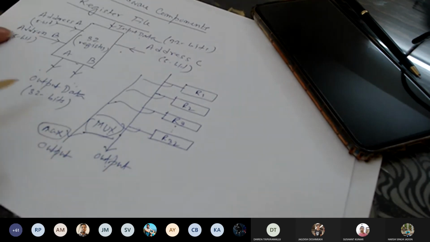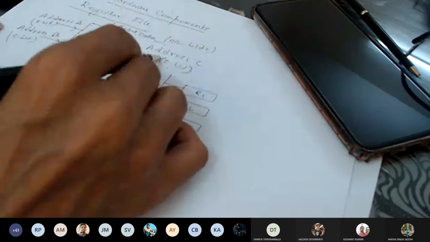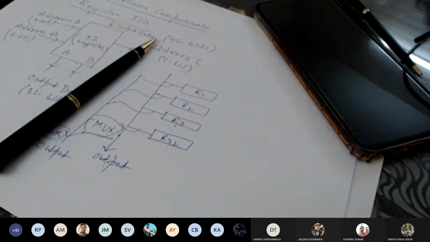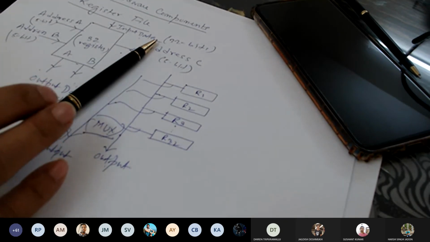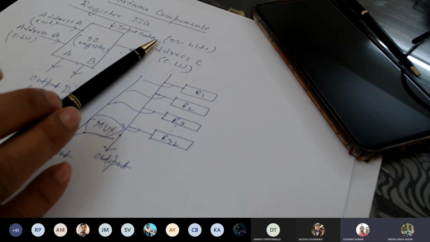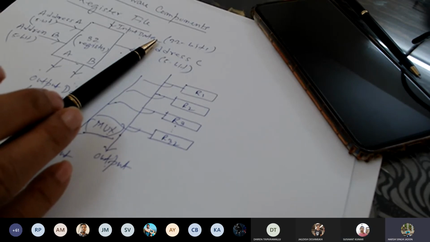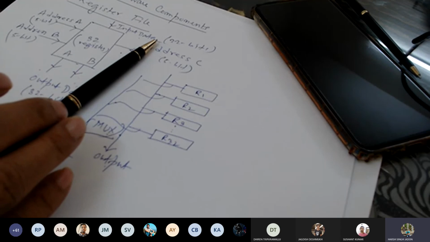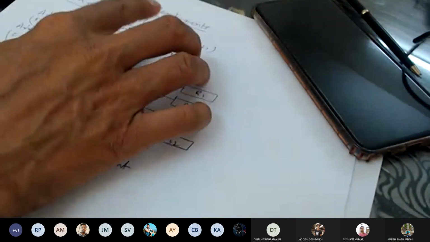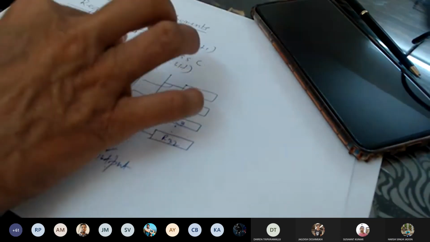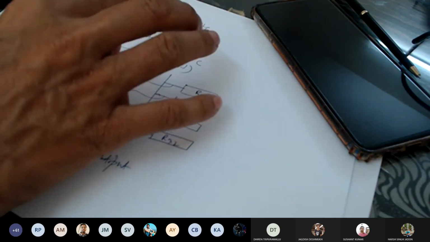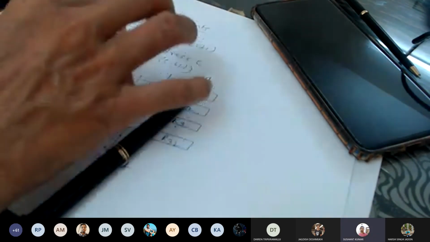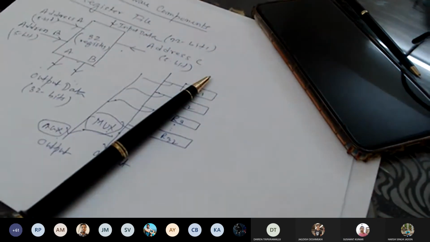First of all, you need to understand why this address C and input data are needed. Can someone tell me why these two lines are needed? The input data is what you want to store, and the address is where you want to store it. These two lines are required for the write back stage, the fifth and last stage of the instruction.